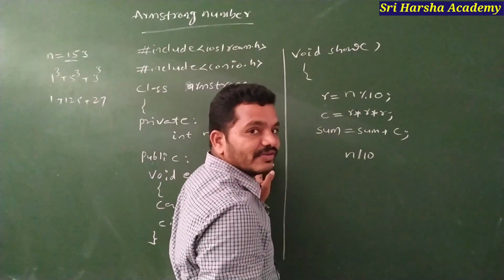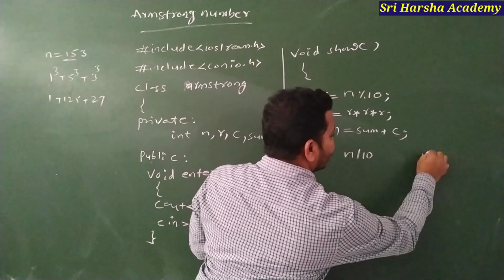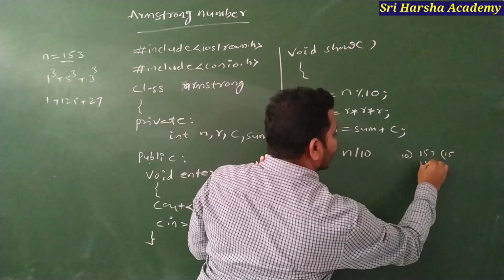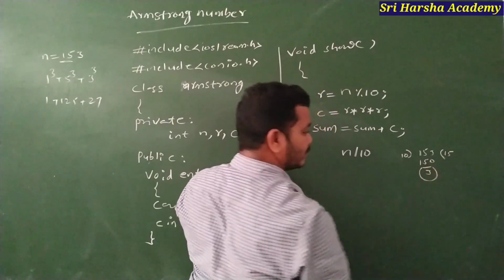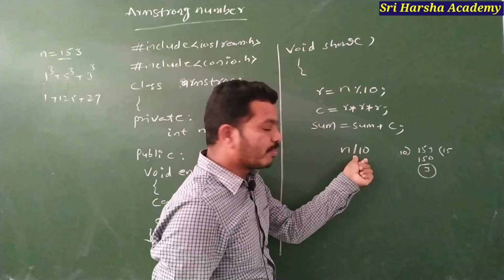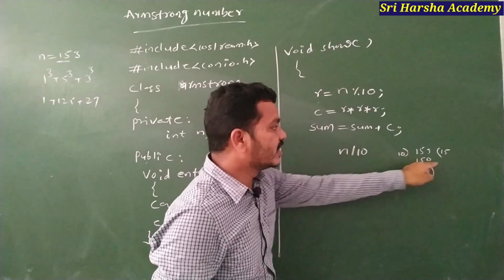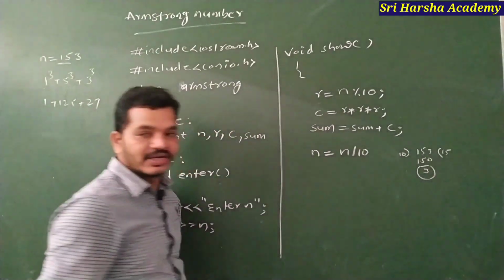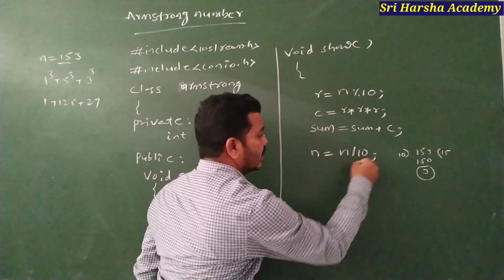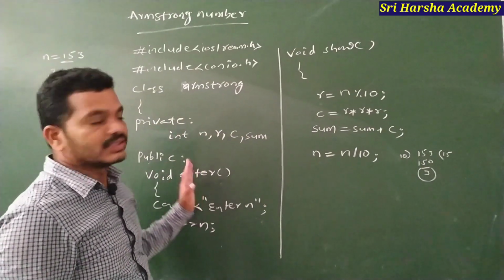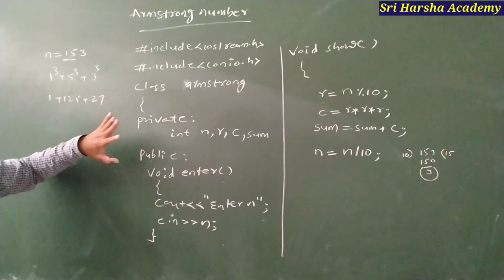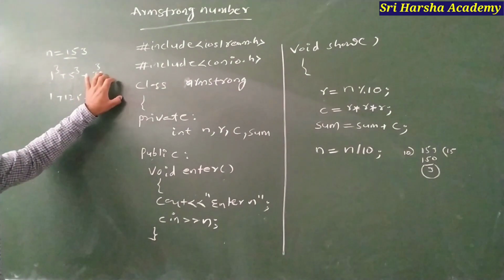When we divide 153 by 10 we get 15. So n is equals to n divided by 10, and then the n value is 15. This is the calculation of the cube of the first digit.